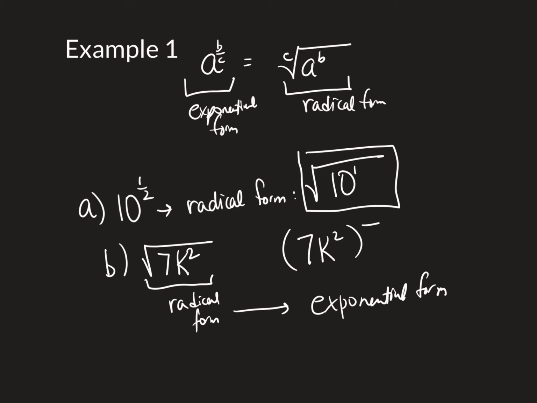I will have a root of 2 on both of these because they're both under the square root. And then I'm going to put an exponent of 1 there. So 7k squared raised to the 1/2 is the square root of 7k squared. I am going to do my power of a product here. I'm going to say I have 7 to the 1/2 times k to the first power, because 2 times 1/2 is just simply 1. So 7 to the 1/2 times k is my exponential form.